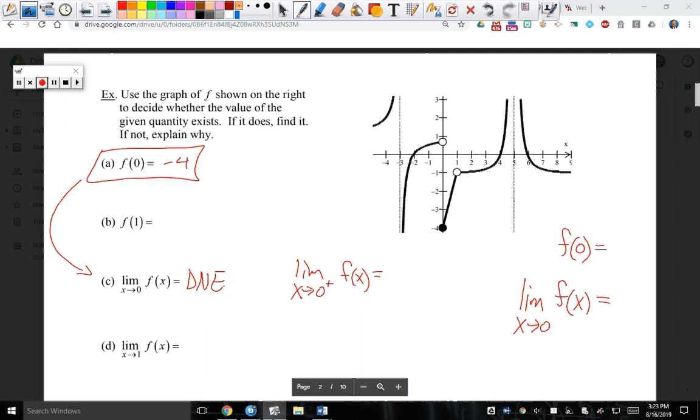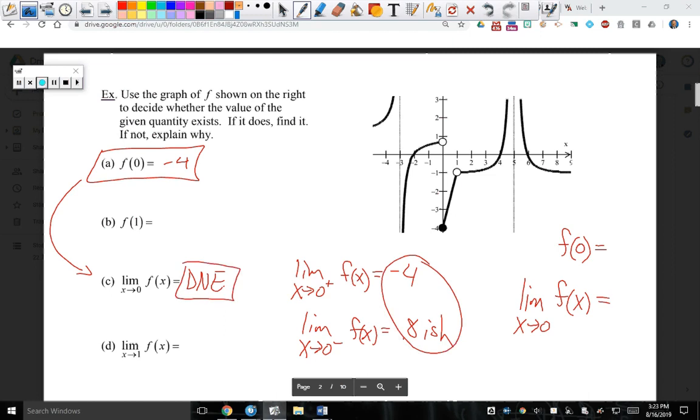On the graph, approach 0 from the right, what's the answer? -4. How about if I approach 0 from the left? It's about 0.8, right? You could do 0.8-ish. You won't have 0.8-ish on your test. You won't, okay? Maybe more. So the fact that those are not equal, that's why it does not exist.